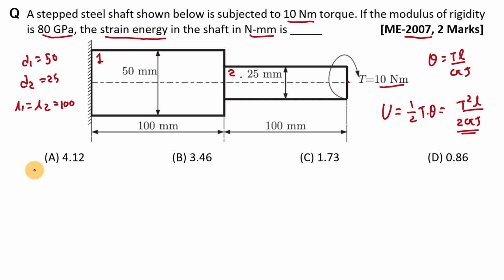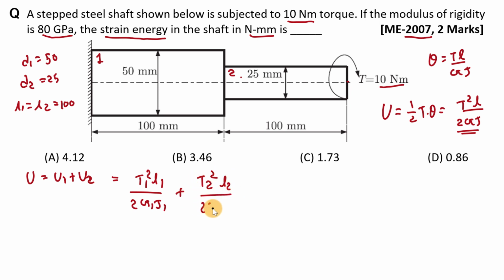In this shaft, total energy, that is U, is equal to U1 plus U2, means strain energy in shaft 1 due to this twisting moment plus strain energy in shaft 2 due to this twisting moment T. Fine. So here U is T1 square L1 divided by 2 J1 G1 plus T2 square L2 divided by 2 G2 J2.